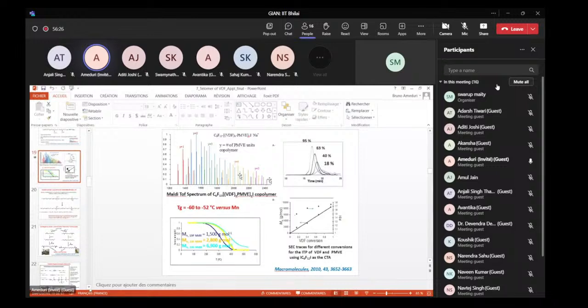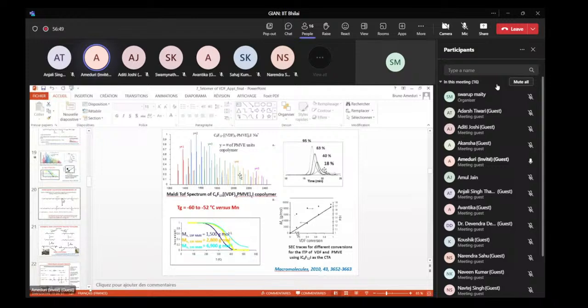I mentioned that yesterday. Also, we saw that we have a living system regarding the evolution and the narrowing of dispersity according to the conversion of VDF. We have a linear dependence of molecular weight versus conversion, and also the thermostability depends on the molecular weight.